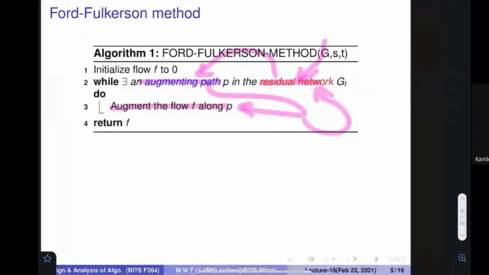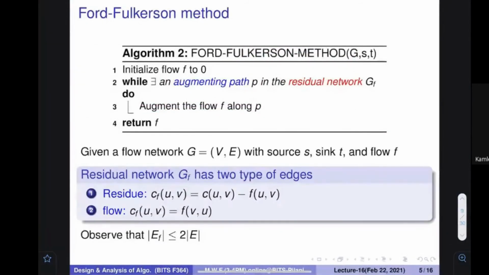Okay, so let me tell you what this residual network is. Let's assume that you have a graph. In the graph there is some flow. Flow is defined by, for each UV you are going to define a value.